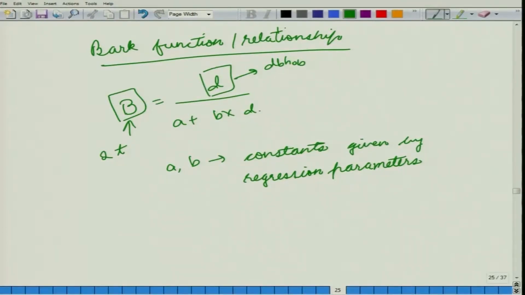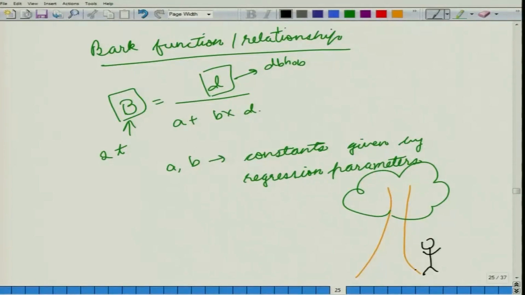Now, DBH over bark can very easily be measured for a tree. It is the diameter over bark at the breast height. If you remember what the breast height is, if you have a tree and an operator standing right next to the tree, breast height is roughly equal to the chest height.